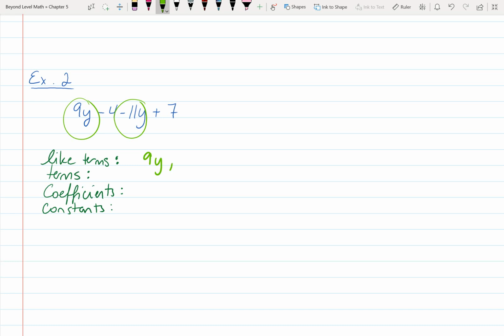So 9y, negative 11y. Now, we have constants here as well. The constant, negative 4, and the constant, positive 7, since they don't have a variable, they automatically are like terms as well. So we've got 2 sets of like terms. So negative 4 and positive 7.